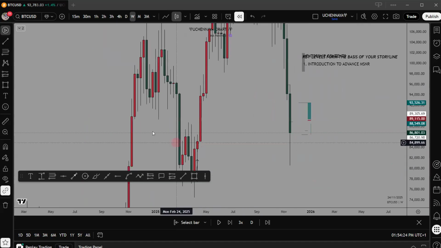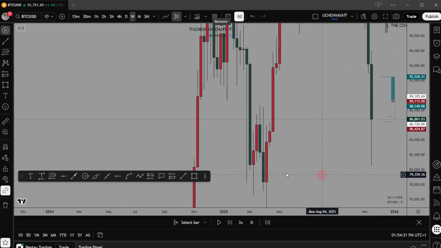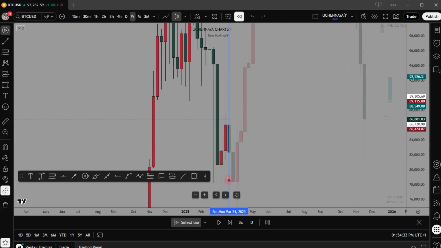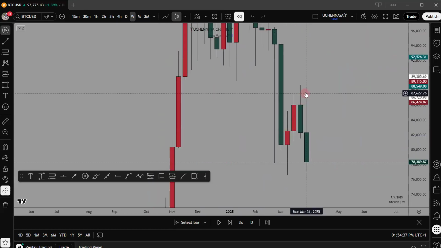Okay, let's look for one here. This is the weekly time frame, and this is weekly rejecting weekly.